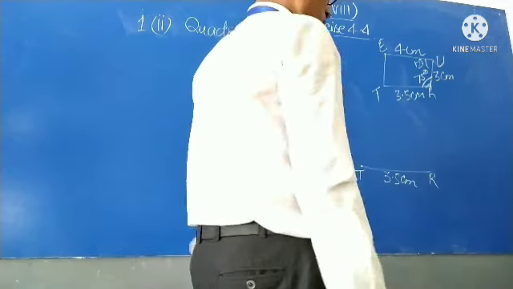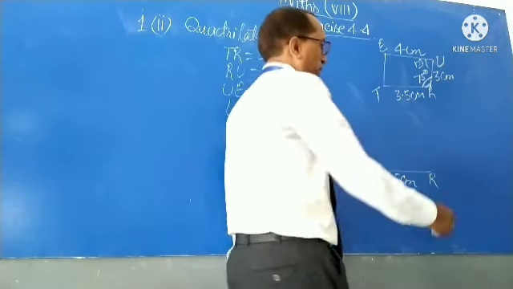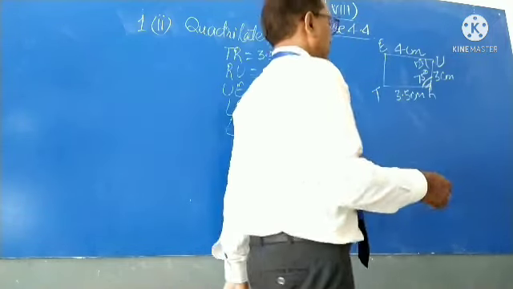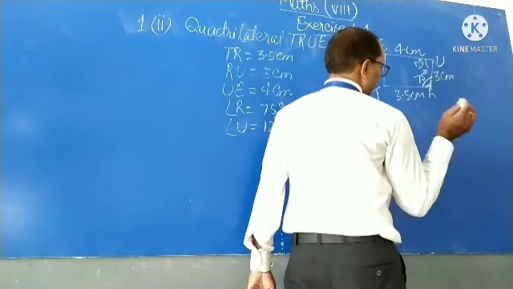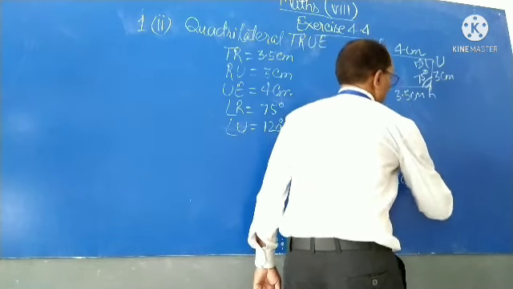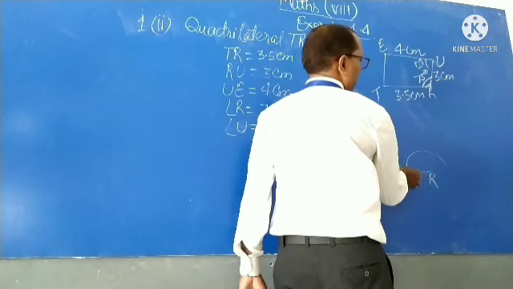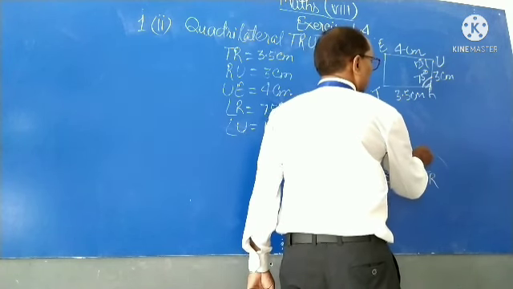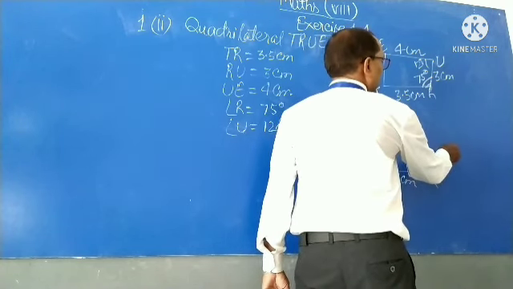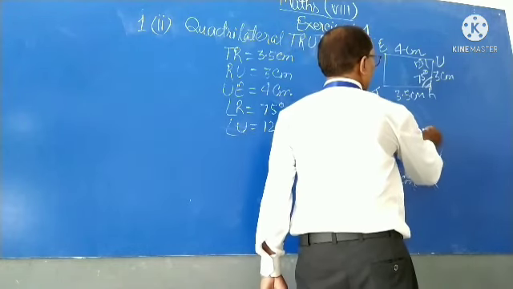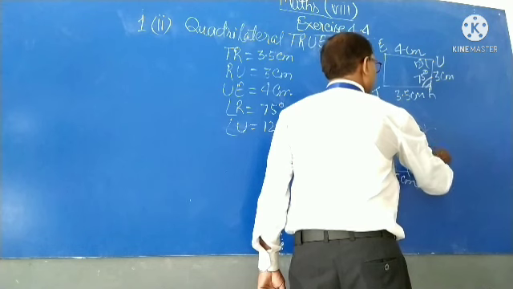Then you draw 75 degree angle at point R with the help of compass. Like this, you take any distance in the compass and draw an arc with center R. Then you first cut from this arc and then you take second cut from this arc and bisect these two, you get 90 degree.